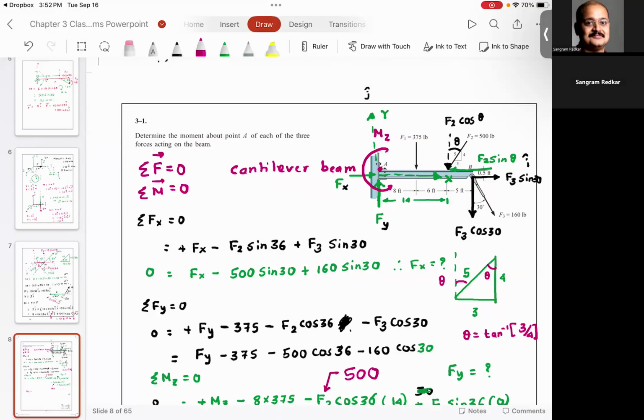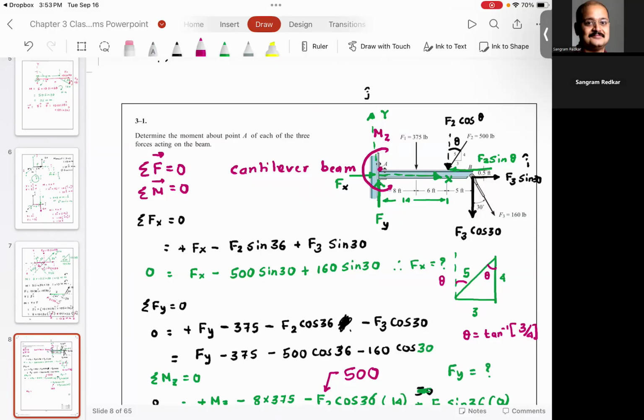Now, if I perform this calculation and I find out Mz comes up with a negative sign, it means the direction that I have assumed is incorrect. If at the end, when I carry out this calculation, my Mz turns out to be positive, then the direction that I have assumed is correct.